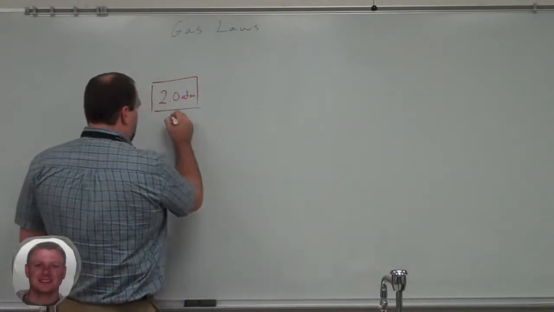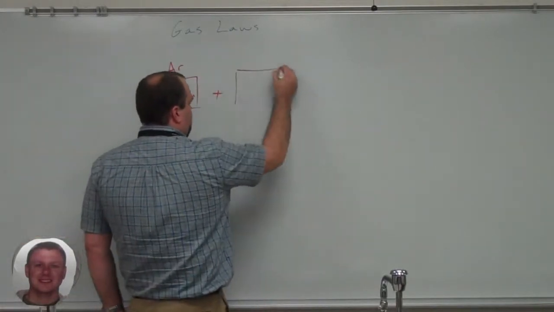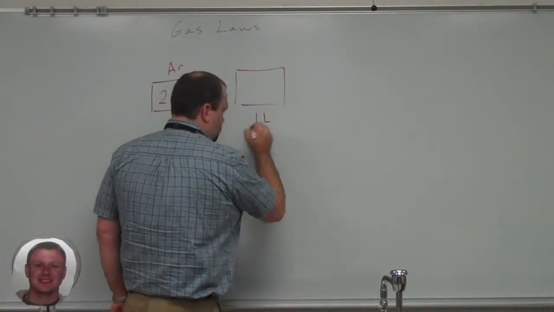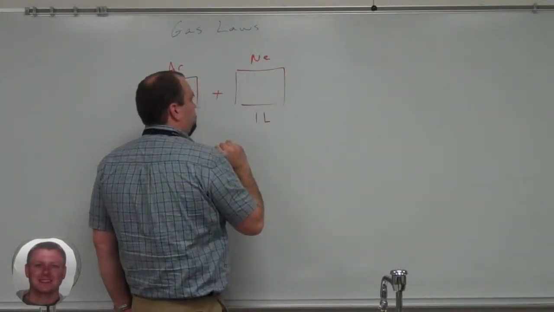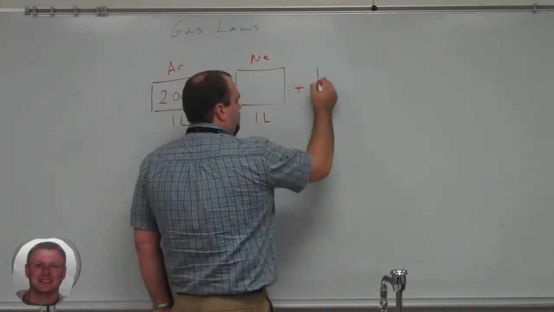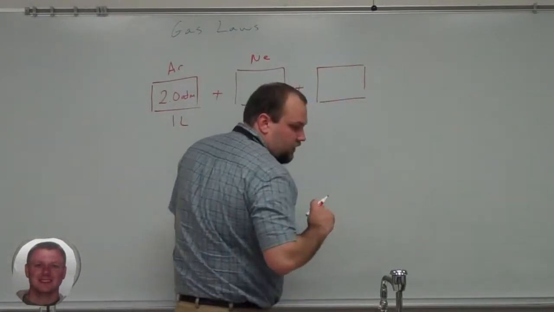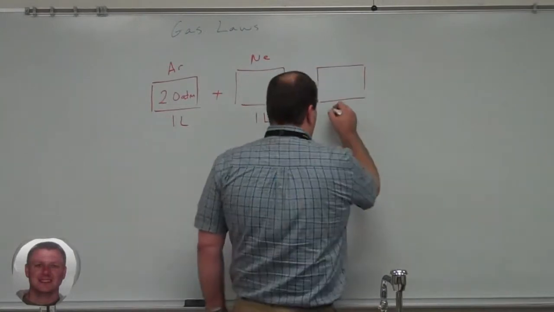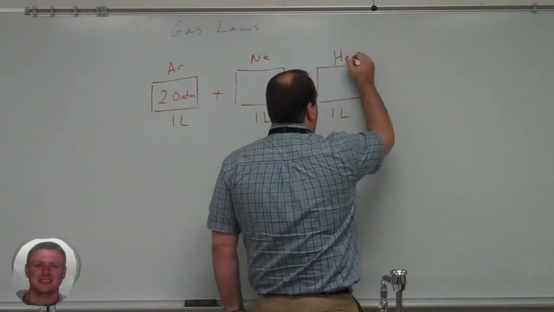These are all 1 liter containers, by the way, and it's argon. The second container is also 1 liter, like I said, and we'll pretend that it's neon. Okay. The third container of a gas, we'll say, is also 1 liter, sorry.